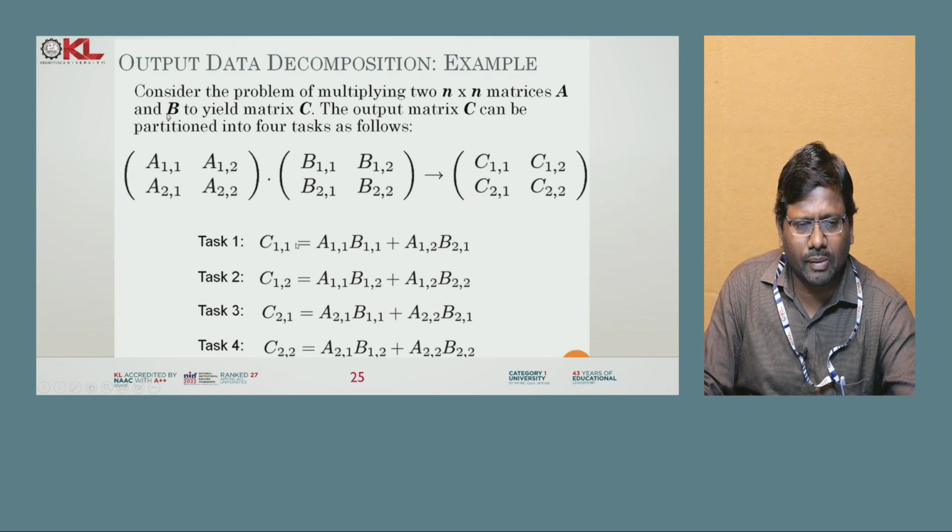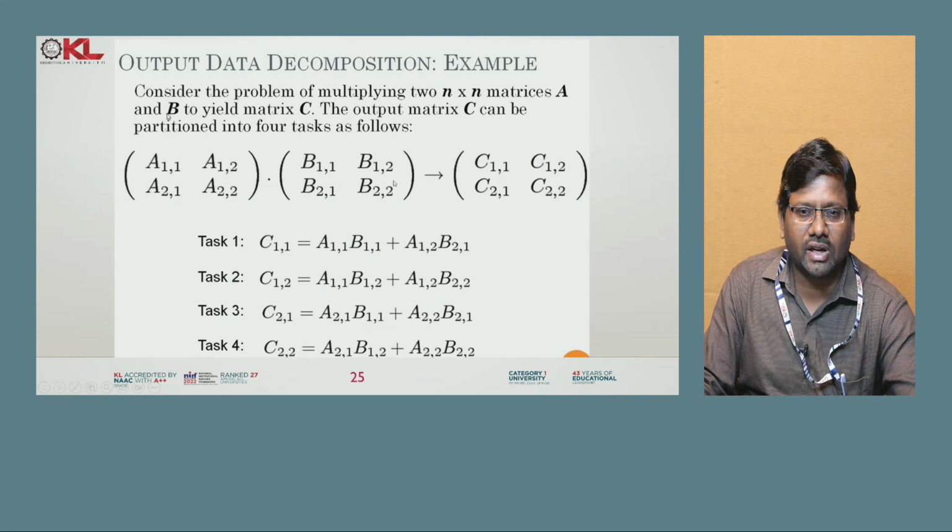What does C11 represent? It is A11 B11 plus A12 with B21, and so on. We get four results. To get C11 is one task, and C12 is another task.